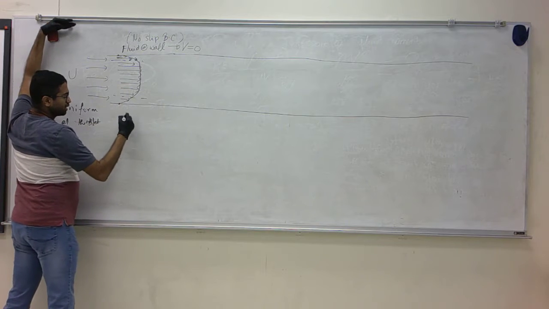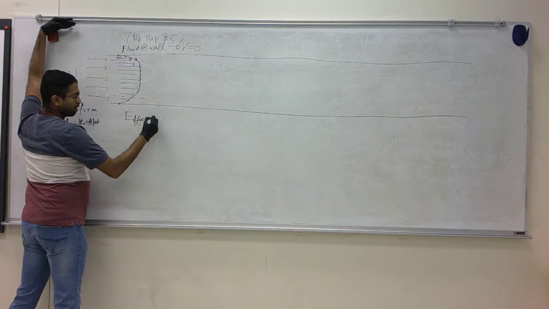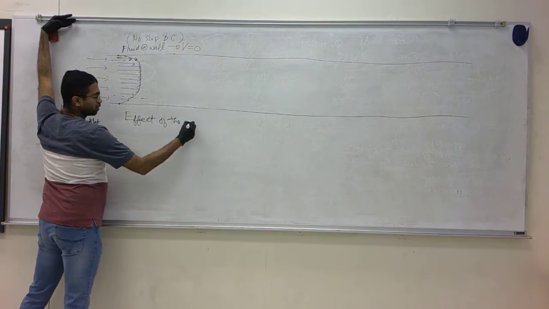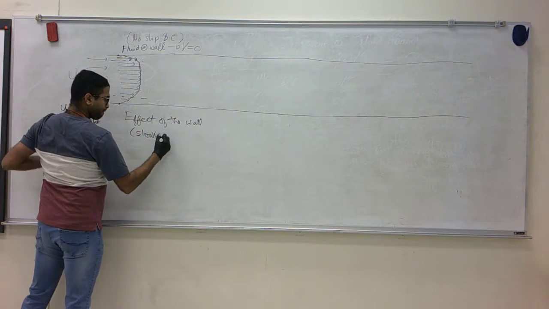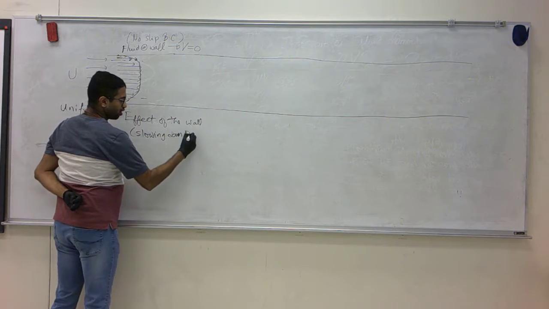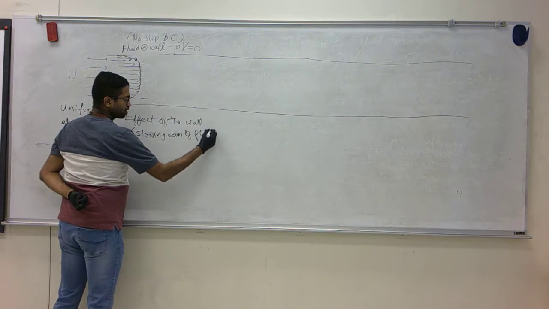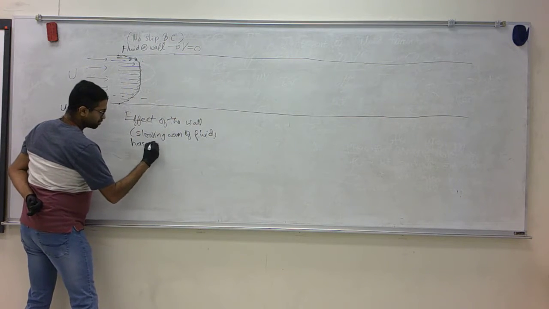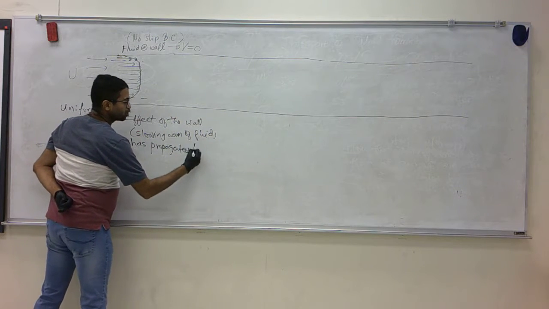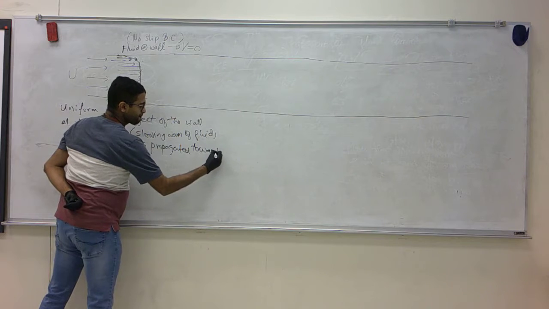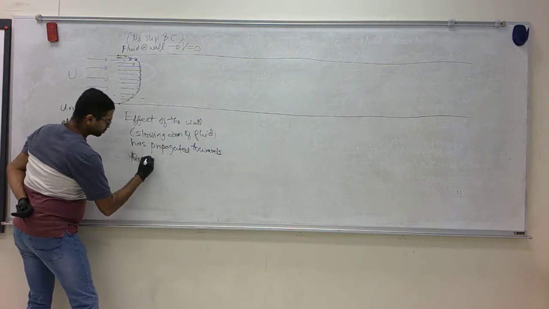That is, the effect of the wall, which is really slowing down the fluid, has propagated towards the center line.